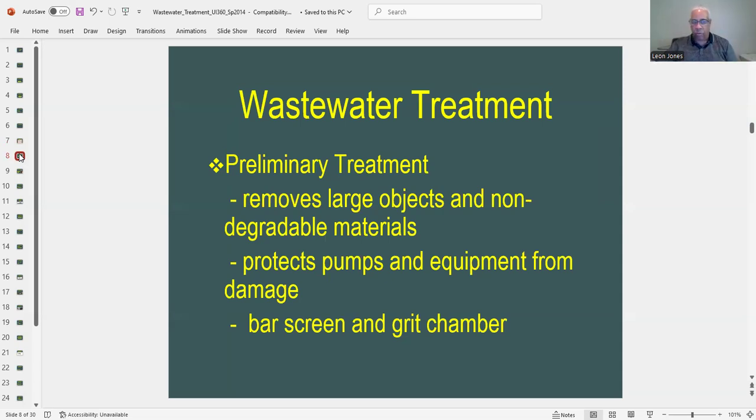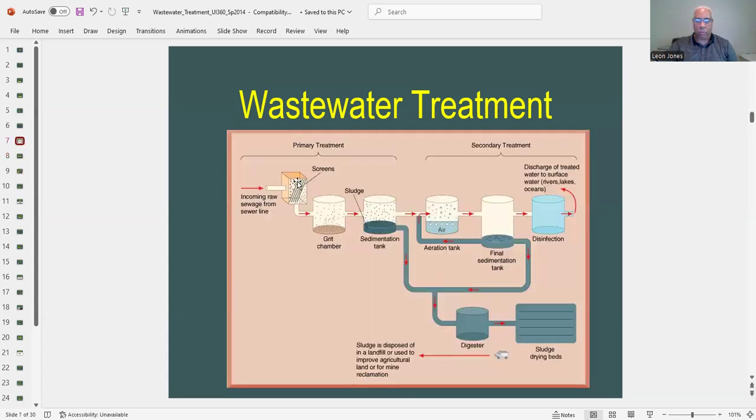Again, preliminary treatment removes large objects and non-degradable materials, protects pumps and equipment from damage, and there's a bar screen and a grit chamber. Again, this would be your bar screen, and this is your grit chamber right here.